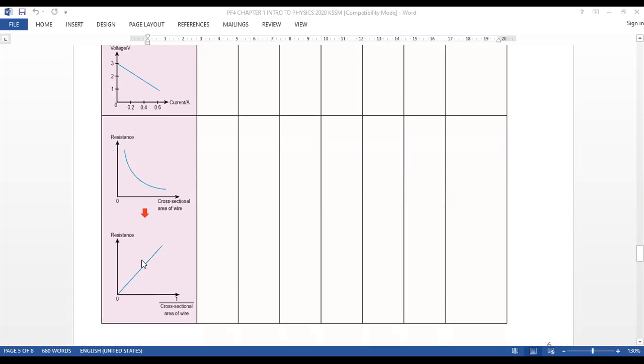This is again directly proportional: resistance is directly proportional to 1 over cross-sectional area of the wire. So when I compare these two, since resistance is inversely proportional to the cross-sectional area of the wire, the same resistance is directly proportional to 1 over the cross-sectional area of the wire. We'll go through this part later in detail, don't worry.